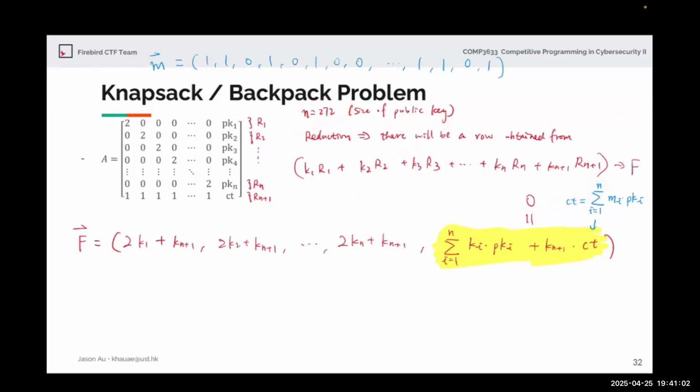So we do this summation to obtain the ciphertext. So if we want to make this 0, okay, maybe I just write it in another way.